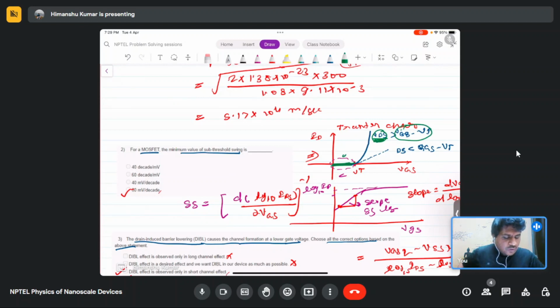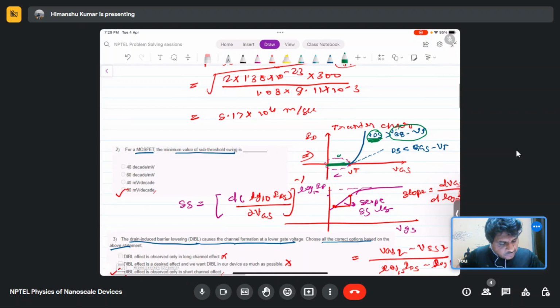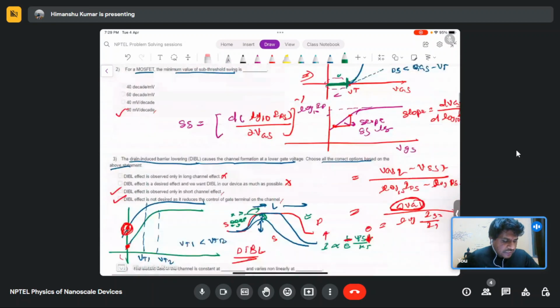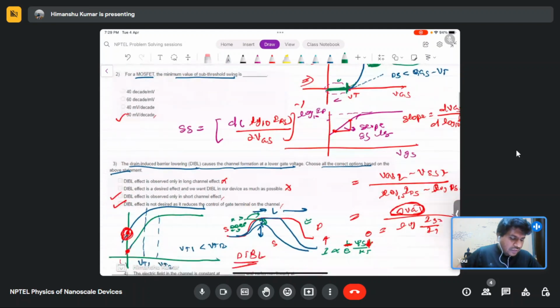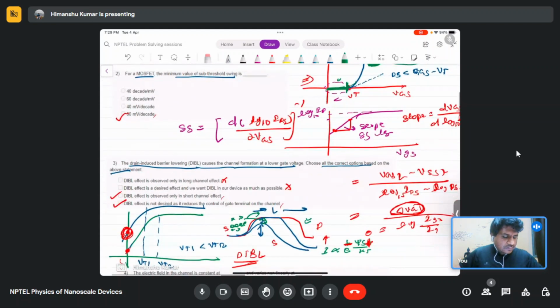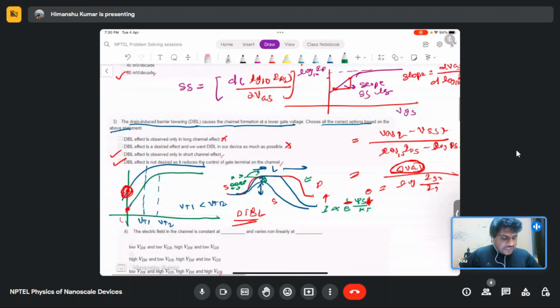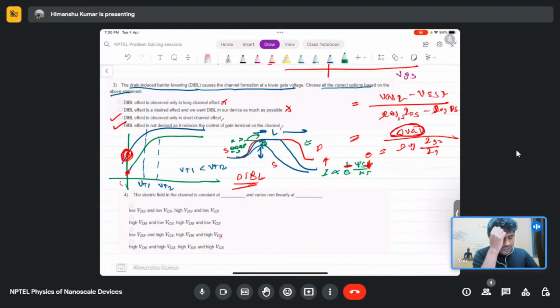Whatever drain voltage you apply, if you have not crossed the threshold voltage, current should not flow ideally. But in the short channel case, because this barrier is lowered, current starts to flow based on the drain to source voltage. This is drain induced barrier lowering. Does that answer your question?